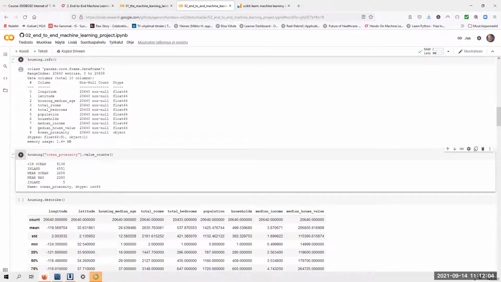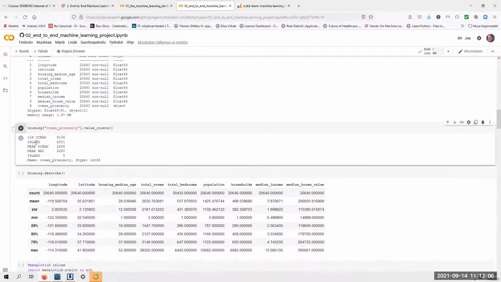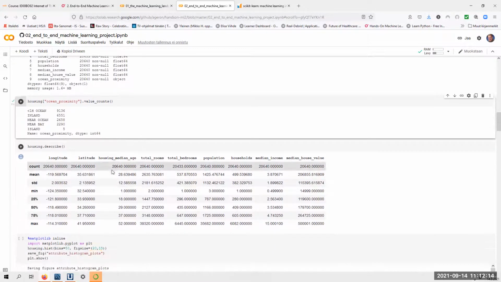For example, in ocean proximity, you have strings: inland, near ocean, near bay, island. And this housing describe gives you the basic statistics. I think this is quite easy to understand, what happens there.